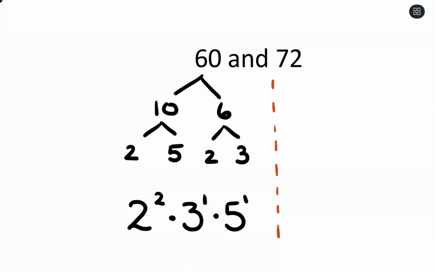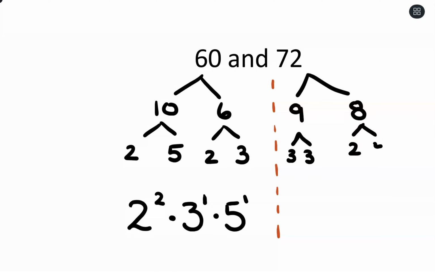Then 72 can be divided up by a 9 and 8. 9 is divisible by 3 and 3. 8, 2 and 4, which 4 is a 2 and 2. So this one we have 2 cubed times 3 squared.